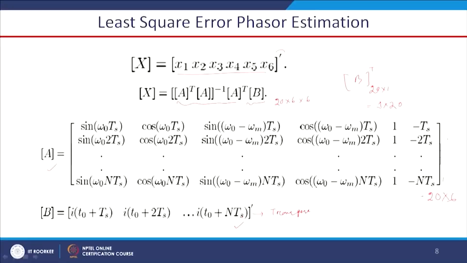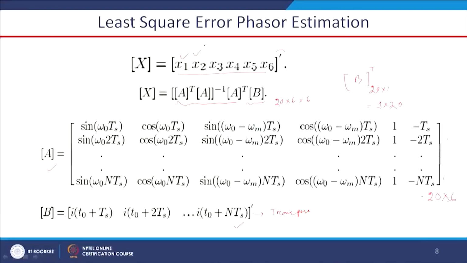Now, this is all about the matrix formulation of this particular least error square based technique, where we have applied the technique to estimate the fundamental components, or to calculate the subsynchronous and supersynchronous frequency components of the signal, or to calculate the decaying DC component of the signal.